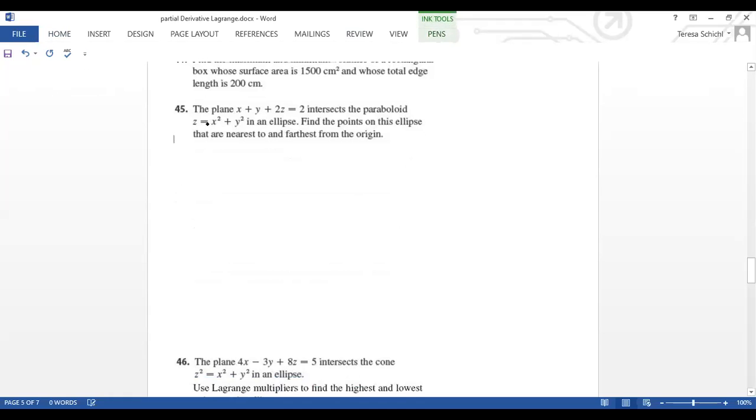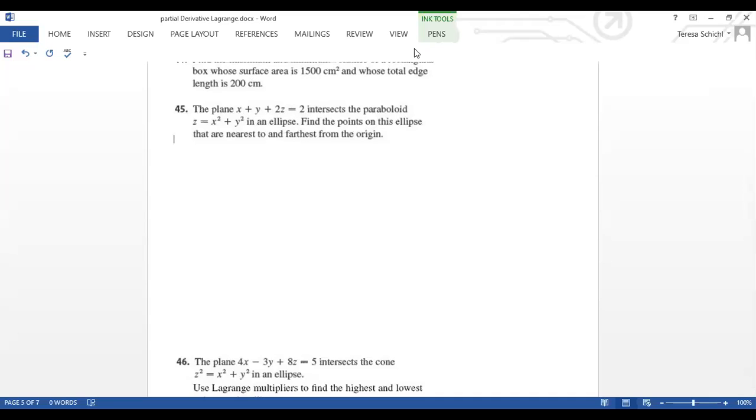So let's say the plane x plus y plus 2z equals 2 intersects the parabola z equals x squared plus y squared in an ellipse. Find the points of this ellipse that are nearest to and farthest from the origin.